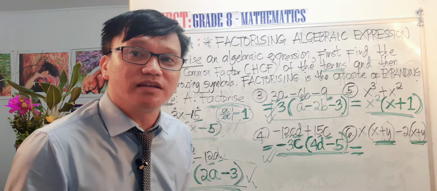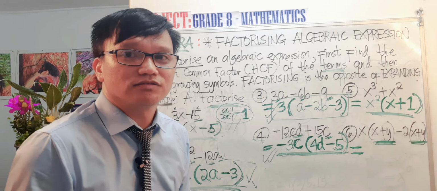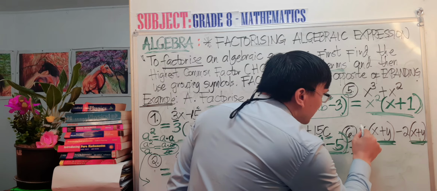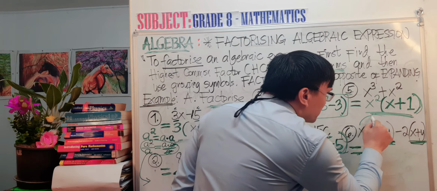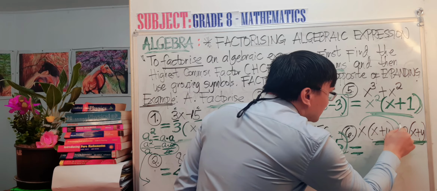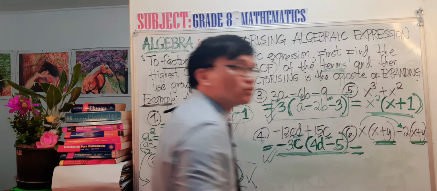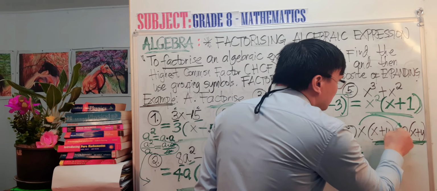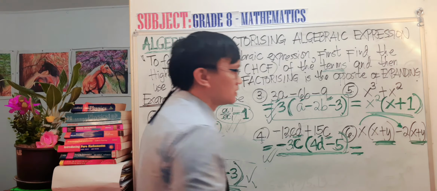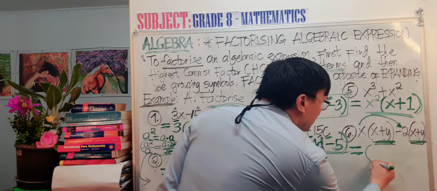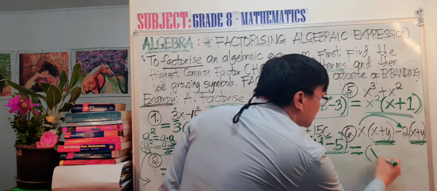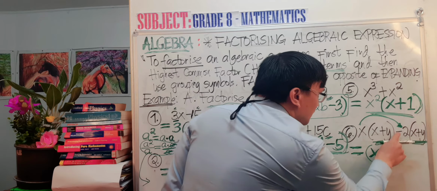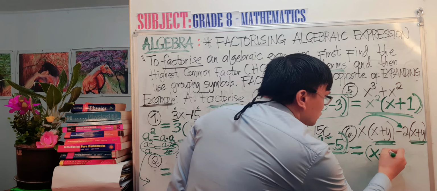It has already been factorized. So what you are going to do now is, this is positive x. You just have to combine it with negative 2. Positive x and then negative 2. So that would be now open bracket x minus 2.